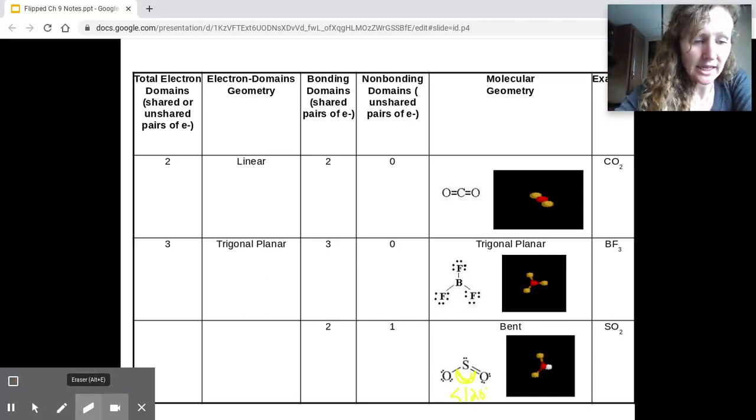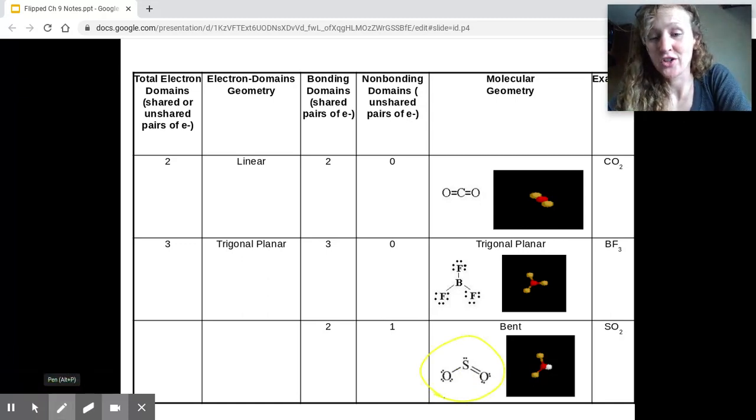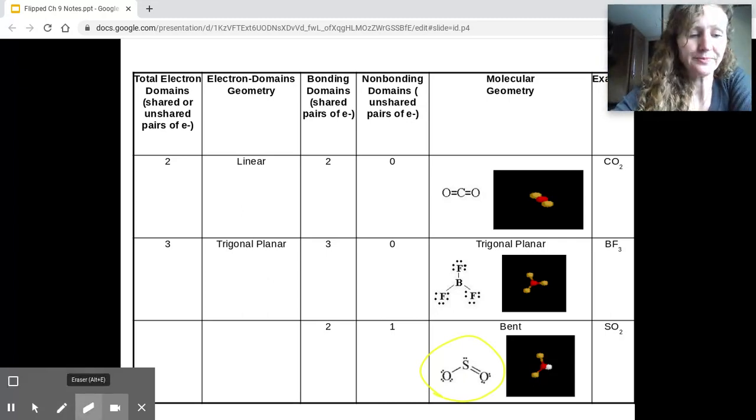Also, sulfur dioxide is going to be an excellent example of a resonance structure. Notice you have a symmetrical structure, but on one side there's a single bond, one side there's a double bond. That's going to be a resonance structure.